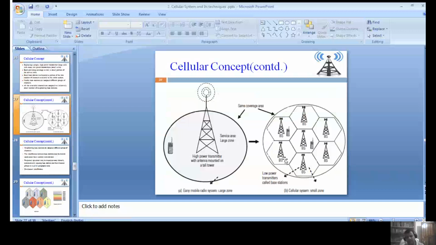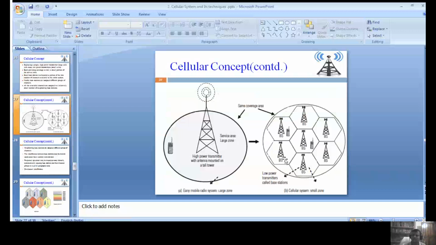There is also a radio group near the base station or cell site. Next, the cell site is connected to the MTSO, the mobile telephone switching office.